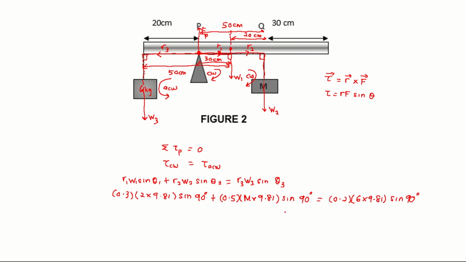So we can determine the value of M: the mass M equals 1.2 kg.